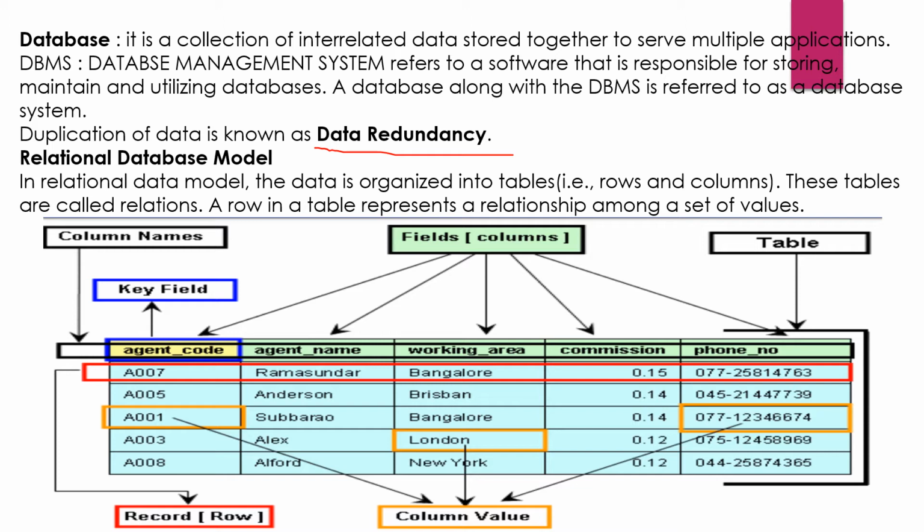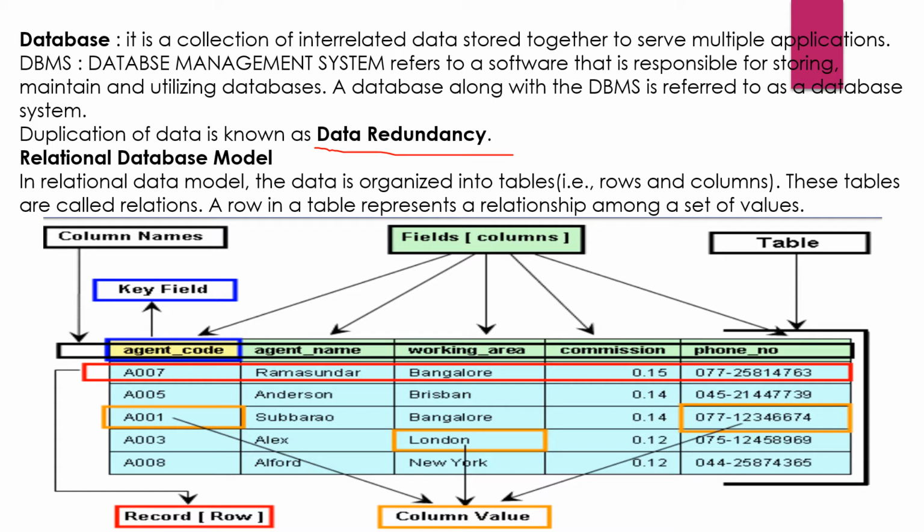These are the components of a table. A table has fields, and fields means the columns. These are the columns: agent code, agent name, working area, commission, phones. Also, they are called attributes. Another name is the degree of table, that means the number of columns.